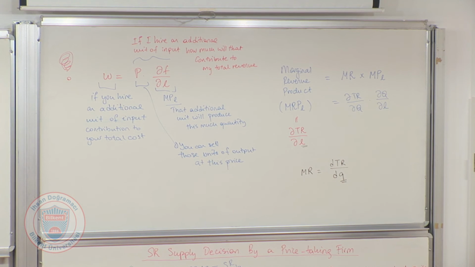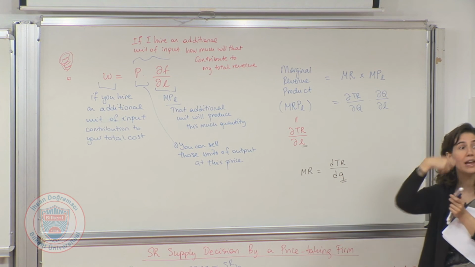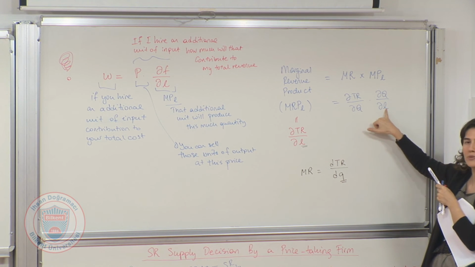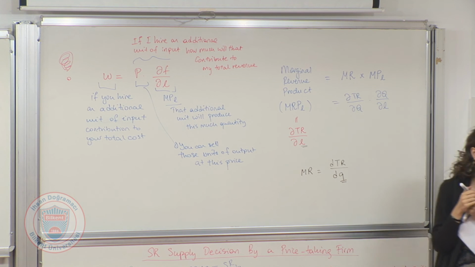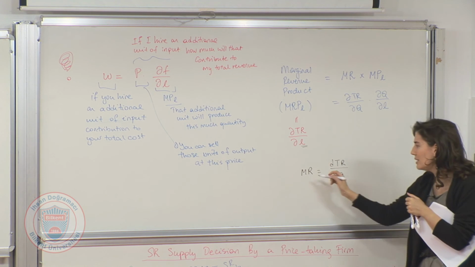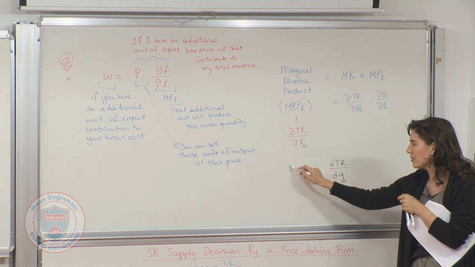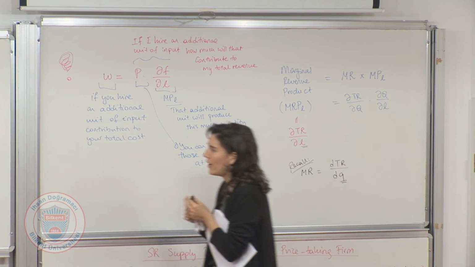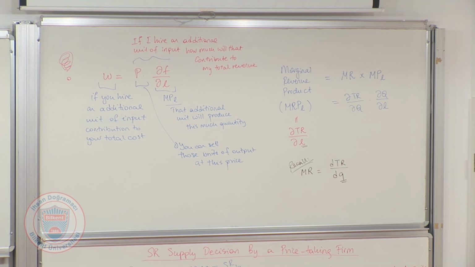It's the contribution of an additional input, while marginal revenue is the contribution of an additional unit of output. But because you use inputs to produce output, when you want to express it in terms of inputs, this is how you write it. So it's different from marginal revenue.